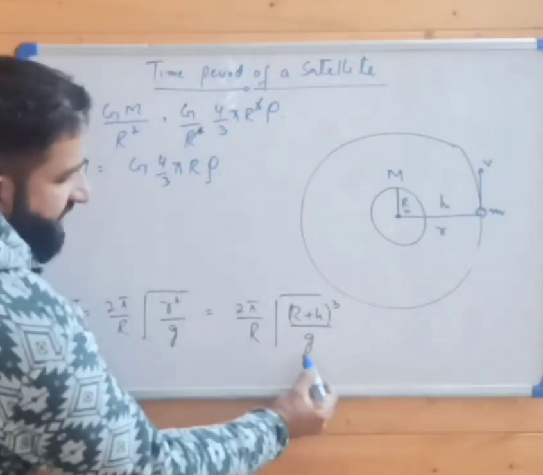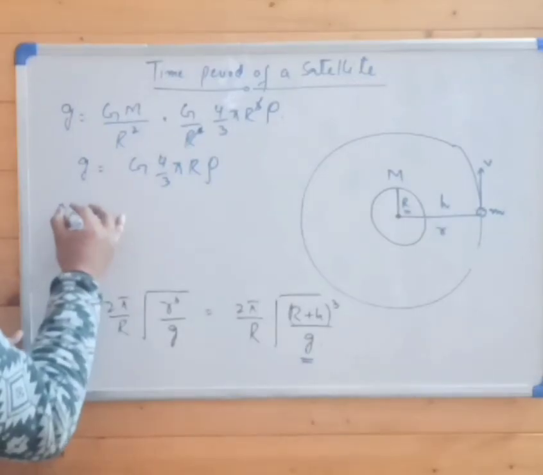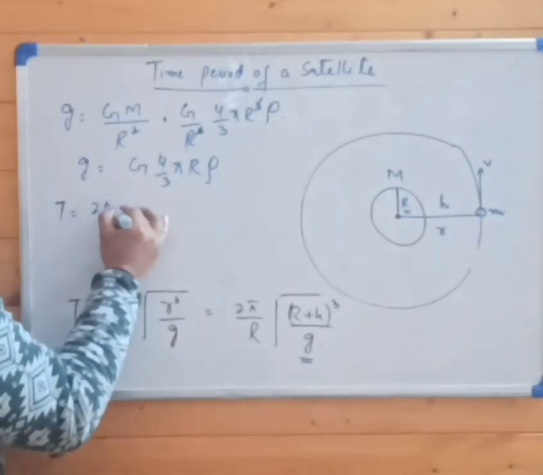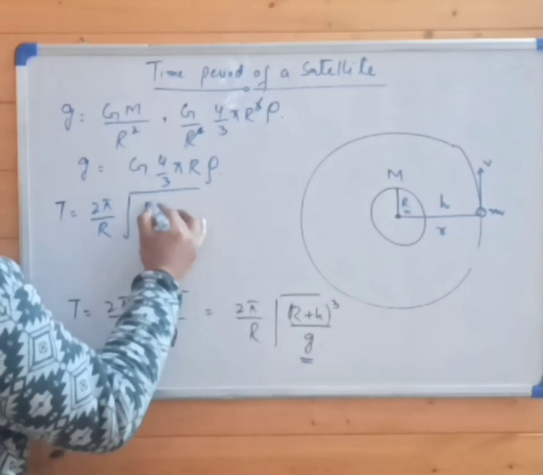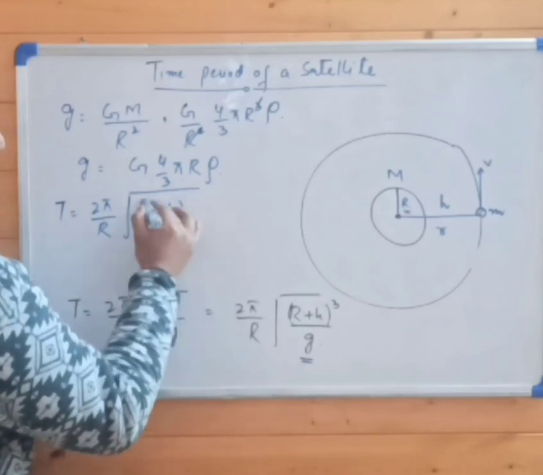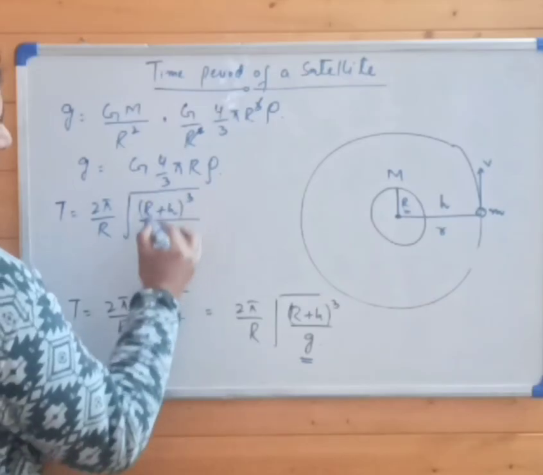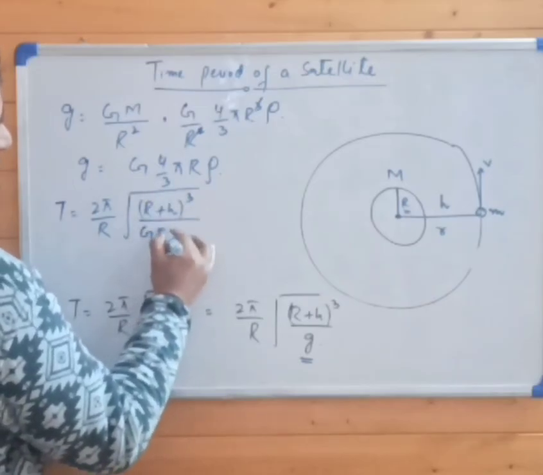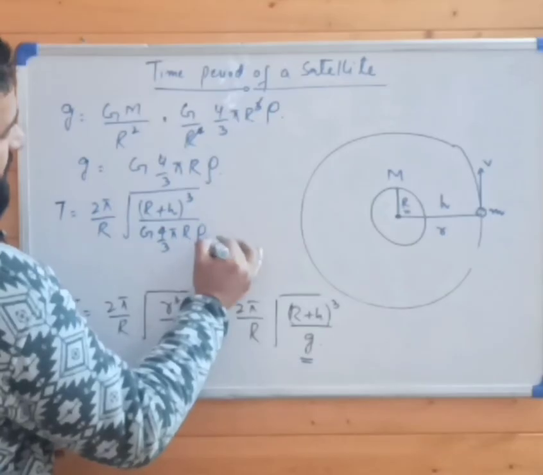Putting the value of g here, we get time period is equal to 2 pi by R into root of (R plus h) whole cube divided by G 4 by 3 pi R into rho.